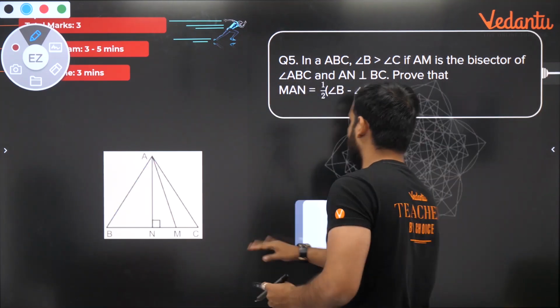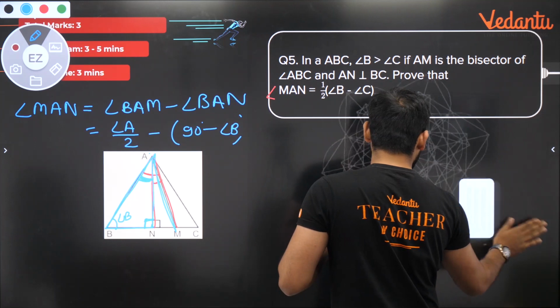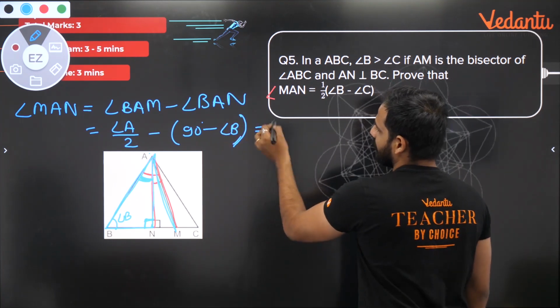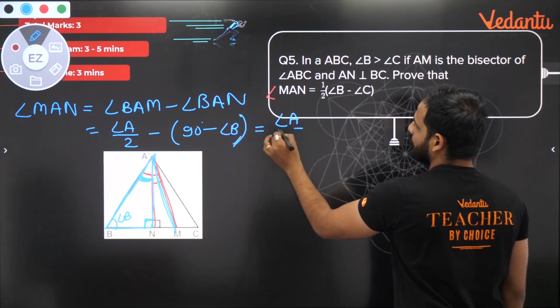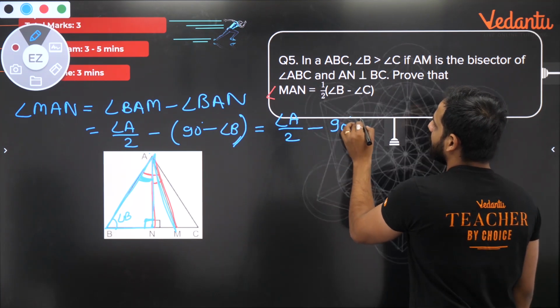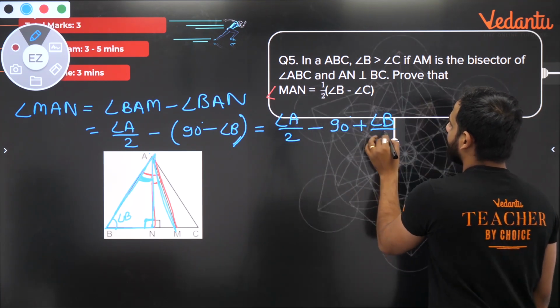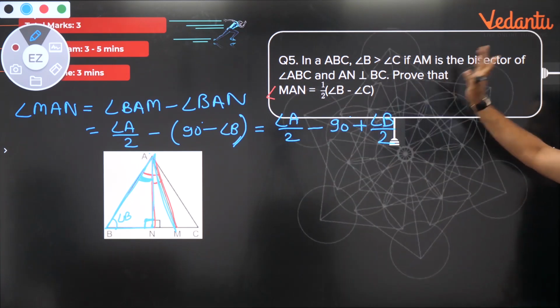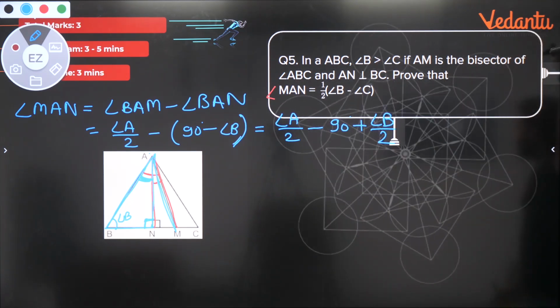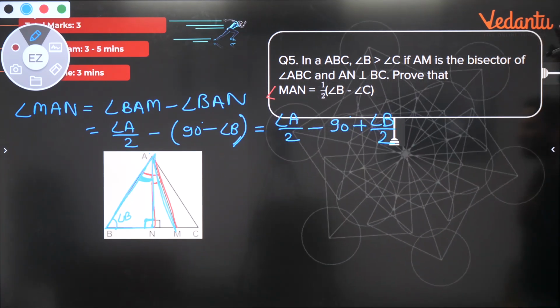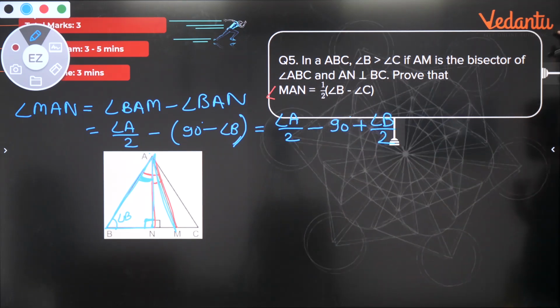If I open the bracket, it becomes angle A by 2 minus 90 plus angle B. Now my task is to get rid of this angle A by 2 and 90 degree.